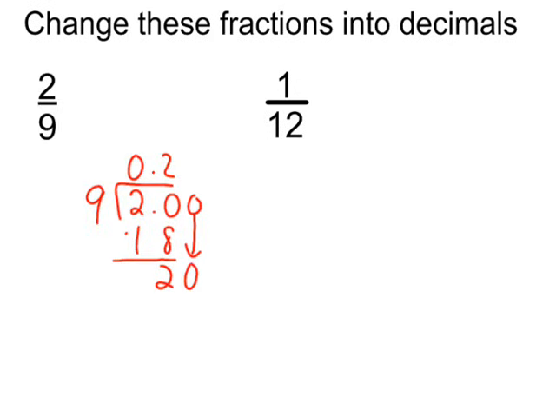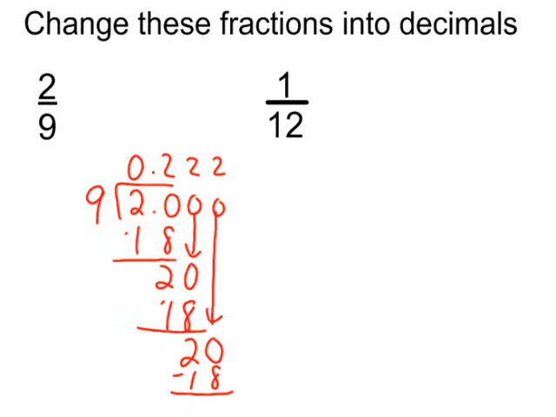And 9 will go in there twice. And you can see what's happening here. It's repeating. It's going to go on and on forever. So we'll just stop there. So if you wanted to change 2/9 into a decimal, it'd be 0.2. And what's the number that repeats? It's the 2, so we're going to put a bar over the 2.